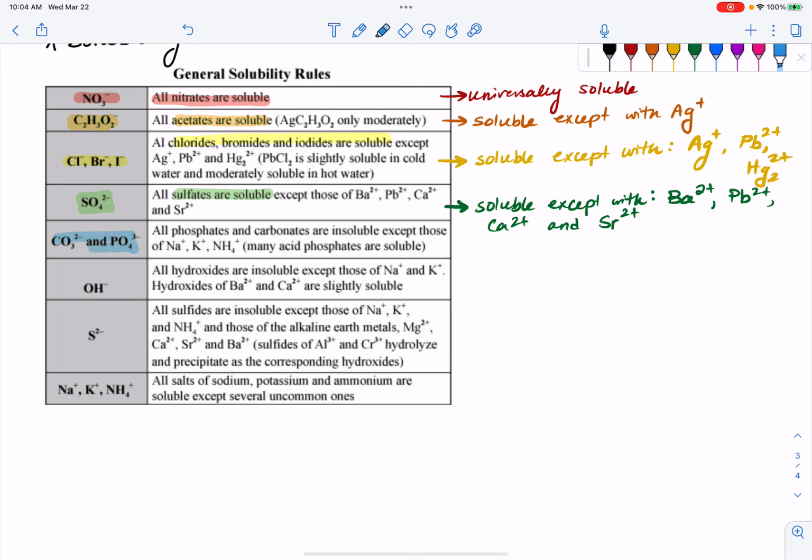All right, up next we have carbonates and phosphates. Phosphates and carbonates are insoluble, except those of these particular cations, including acid phosphates.